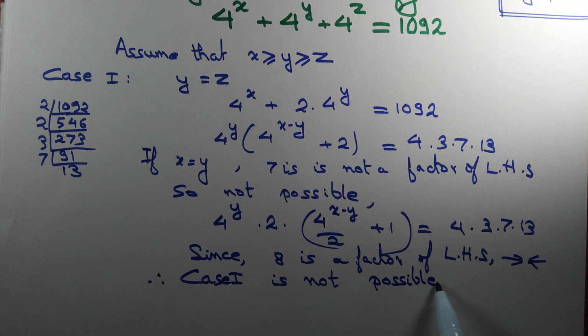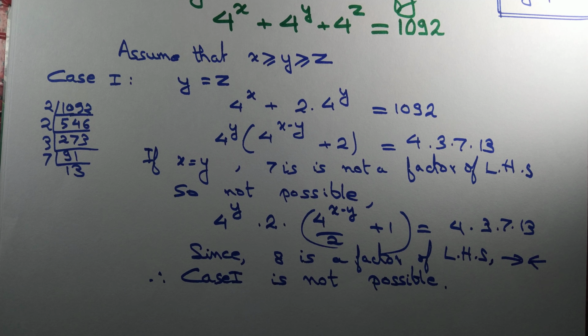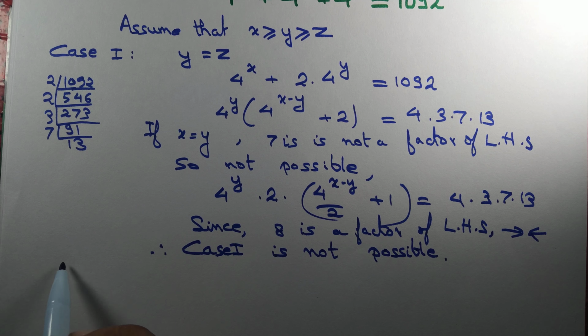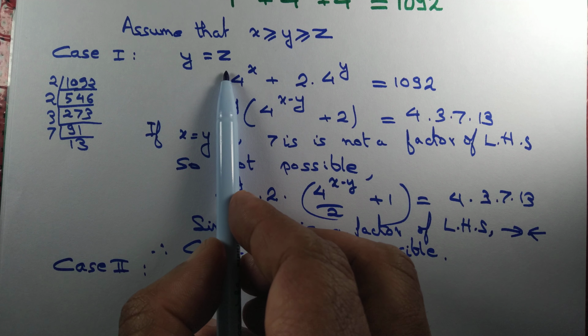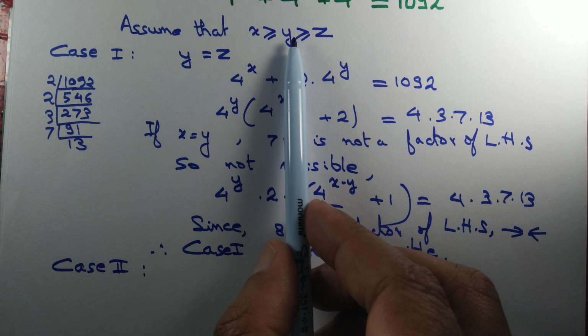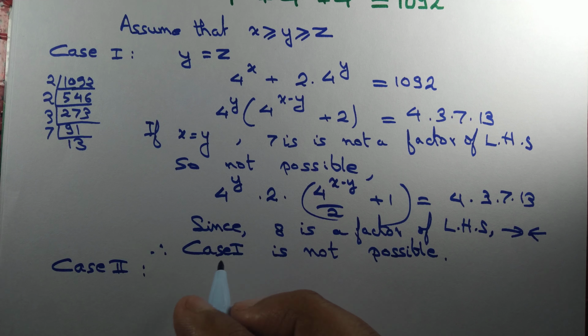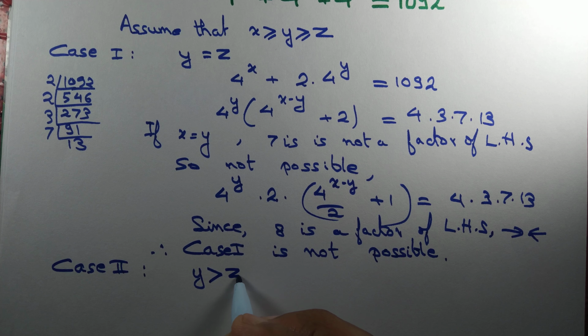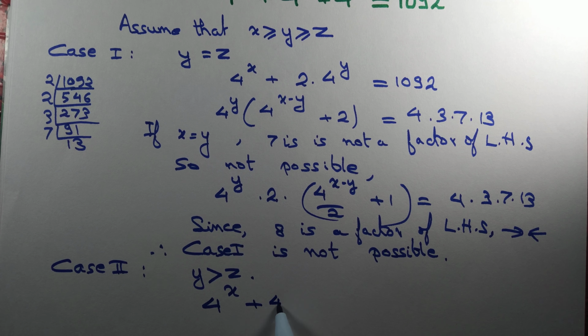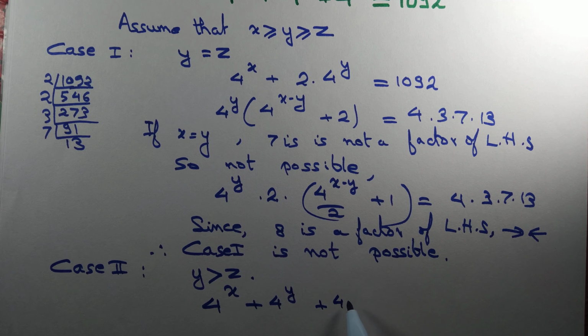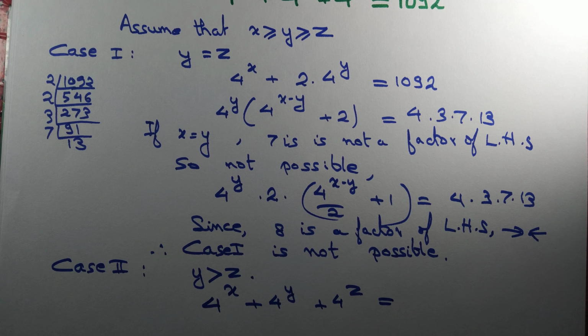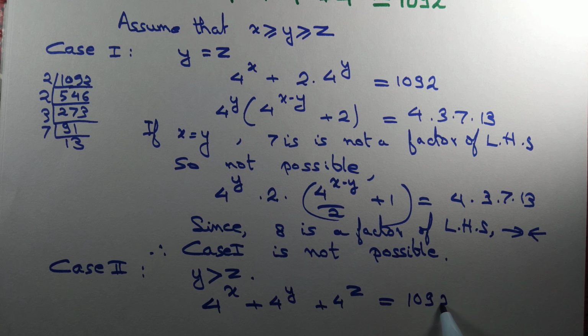Well, we have started with something that is not possible at all. Let's move to case 2 then. If y is not equal to z, but we are given y is greater than or equal to z, we can say y is greater than z. So let's write the given equation once again: 4^x + 4^y + 4^z = 1092.